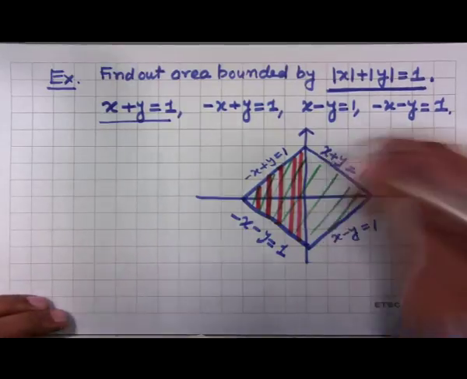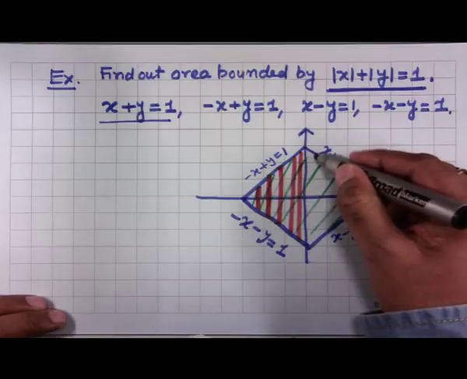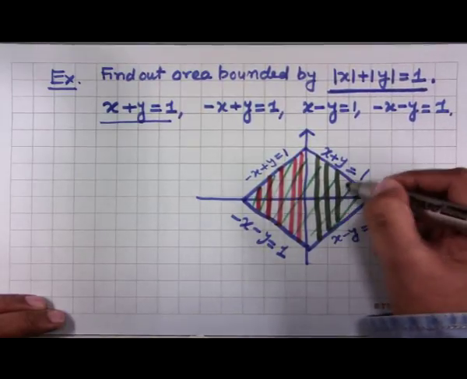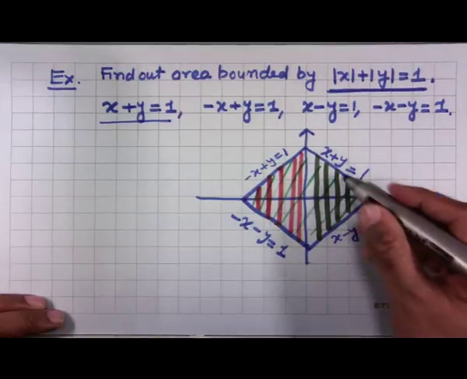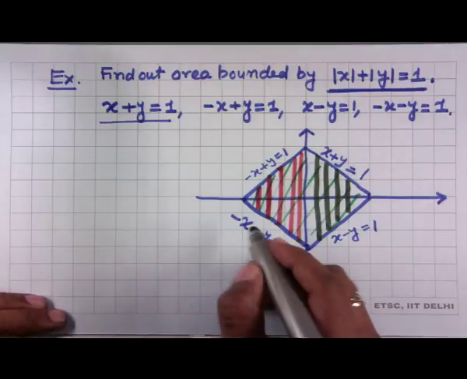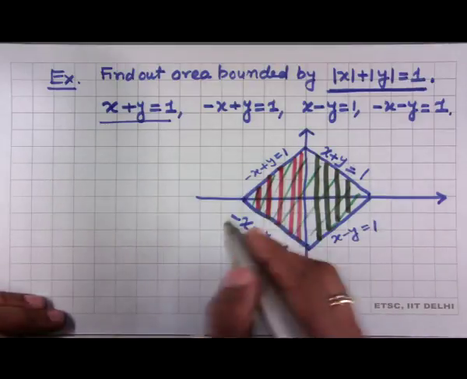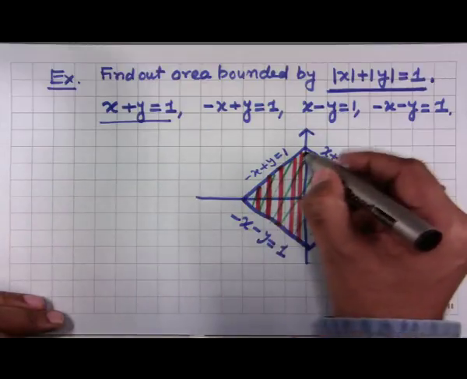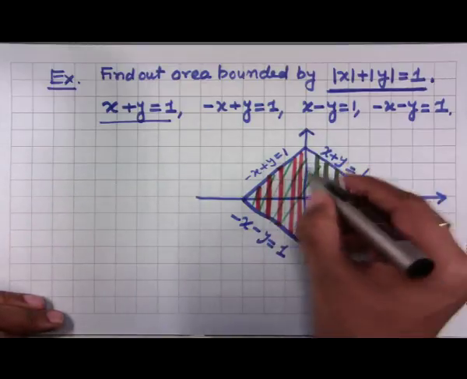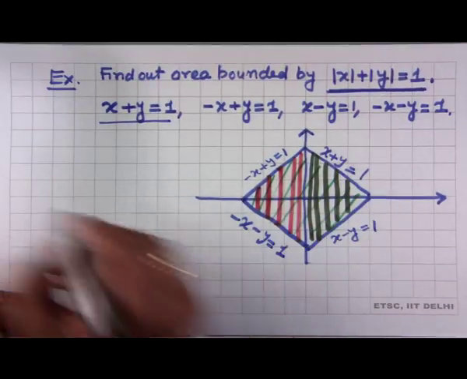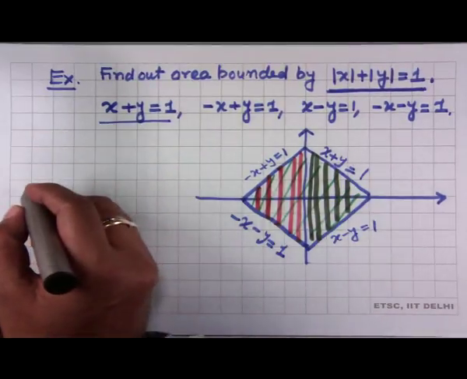For this portion, which is on the positive side of x axis, they start from this line and finish on this line. So, we need to break this total integration in two parts. So, we will be computing the area shaded by black and area shaded by red separately, and then we will add it.